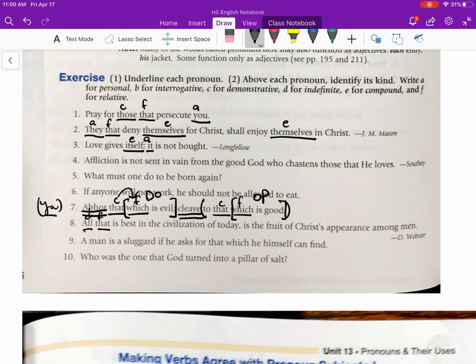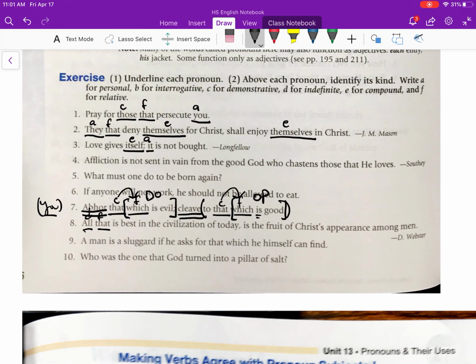So once again, the word which is introducing our dependent clause, which is good. And once again, we have the word that, defining which is good, or that which is good. That's how you have to figure out if it's a demonstrative pronoun or a relative pronoun.